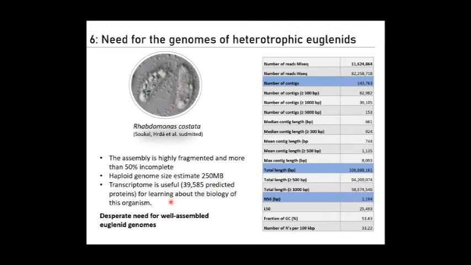The transcriptome that we sequenced proved to be quite useful, and we learned quite a lot about the biology of this organism, for example about the mitochondrial metabolism. And so I'm looking forward to similar studies like this, not only on phototrophs, but also on heterotrophic euglenids.